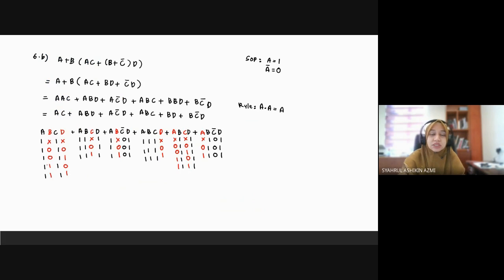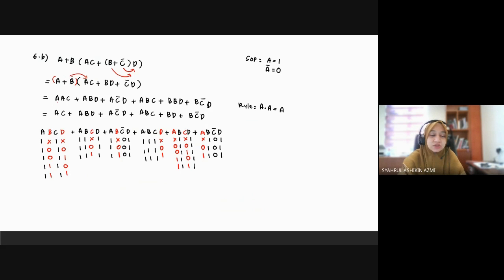Okay, for 6b, given this expression over here, what you need to do is first expand this, multiply by D first, and then multiply everything here with all in the bracket here.